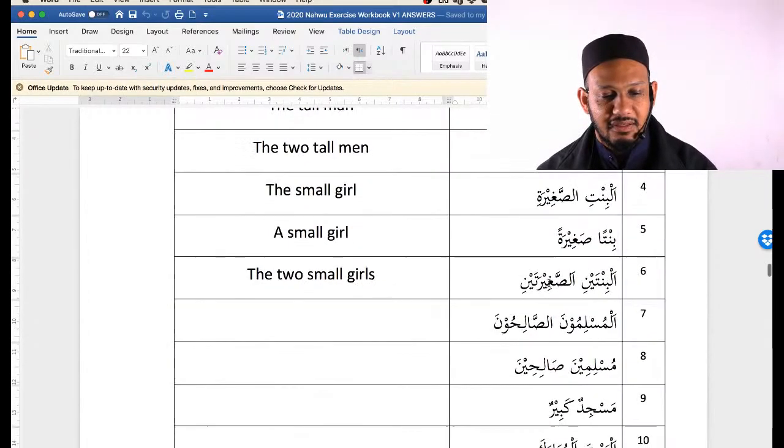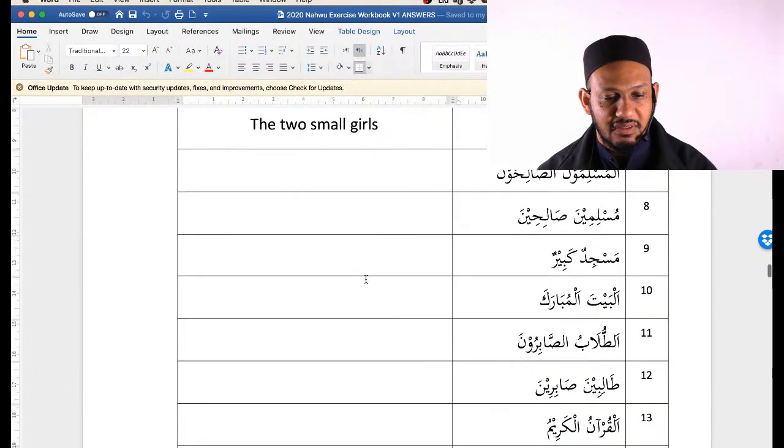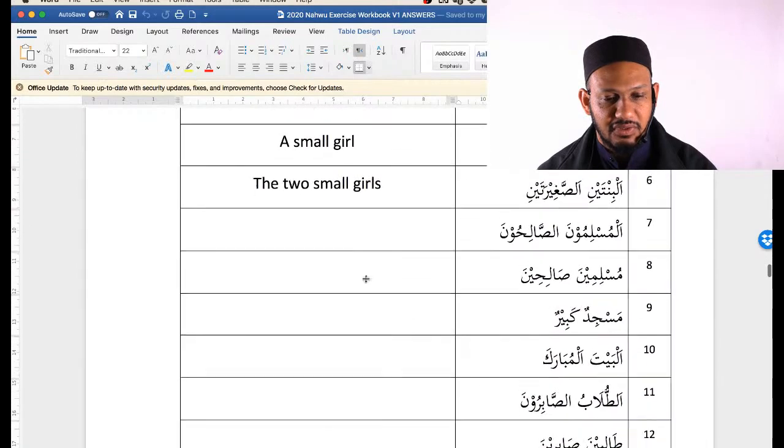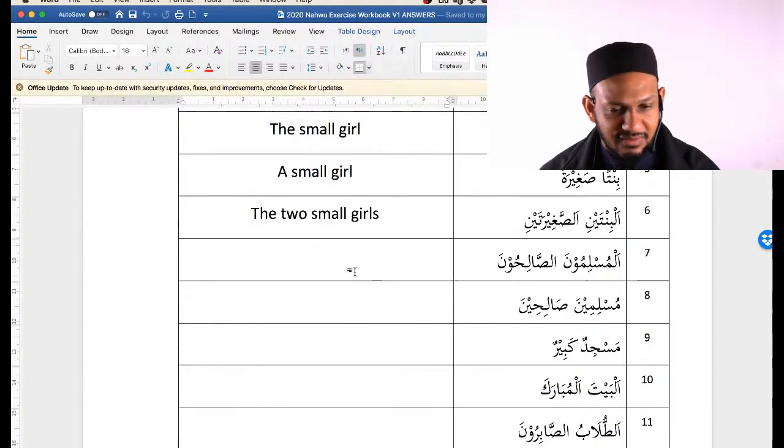Okay, so let's translate this quickly. Let's translate 7, 8, 9, 10, 11, 12 until 14. Did we do this last week? I don't remember actually doing these answers last week. If you can just remind me. A week is a long time ago. I think we probably did. I'm not sure. But you can give it to me again, inshallah.